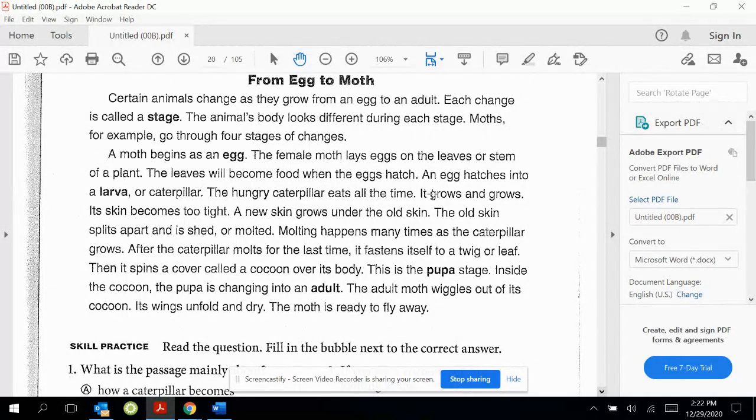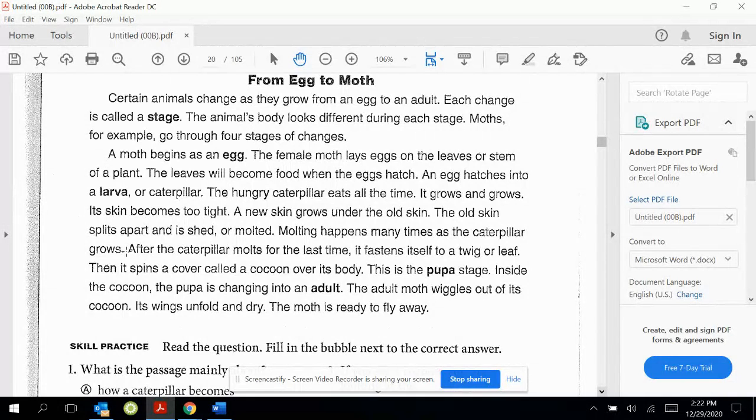The hungry caterpillar eats all the time. It grows and grows. Its skin becomes too tight. A new skin grows under the old skin. The old skin splits apart and is shed or molted. Molting happens many times as the caterpillar grows. And we'll stop there and talk about it.